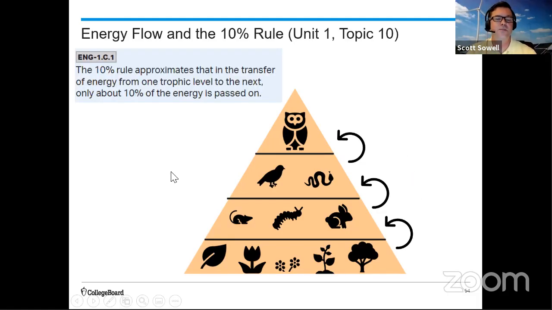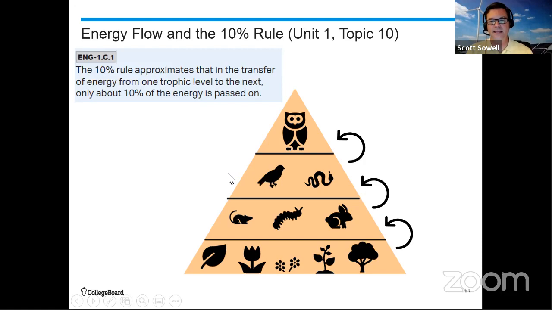So what we have is a little rule called the 10% rule, which approximates that in the transfer of energy from one trophic level to the next, only about 10% of that energy is passed on. Now, that 10% number is an average. Sometimes it's lower than that, sometimes it's higher than that, but the 10% rule gives us a nice guideline to understand it.